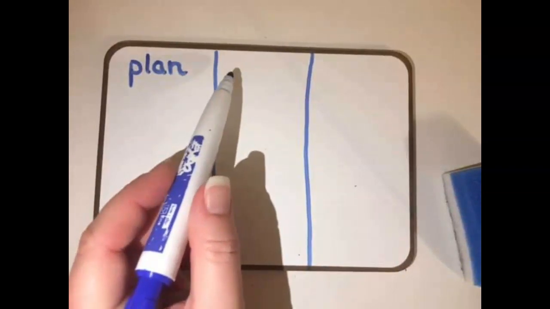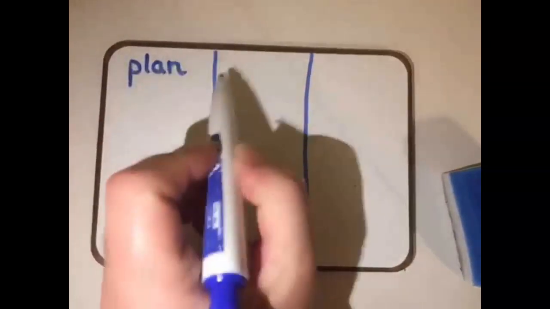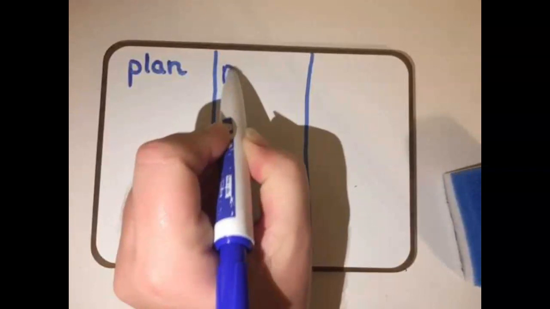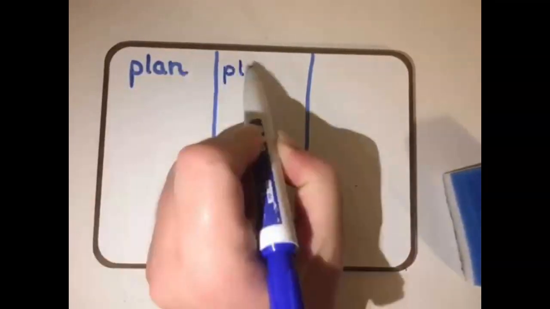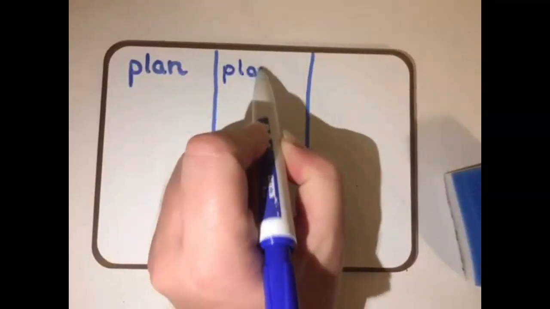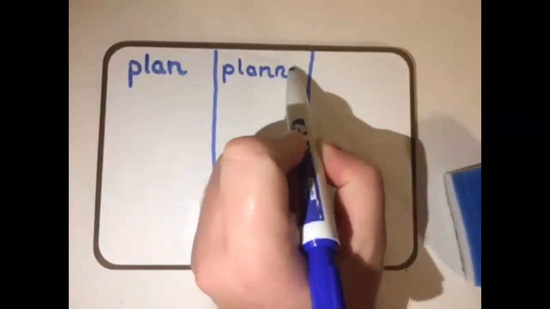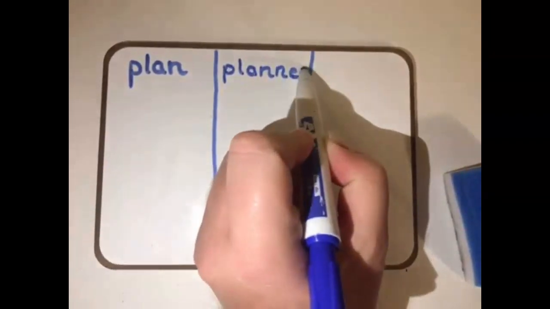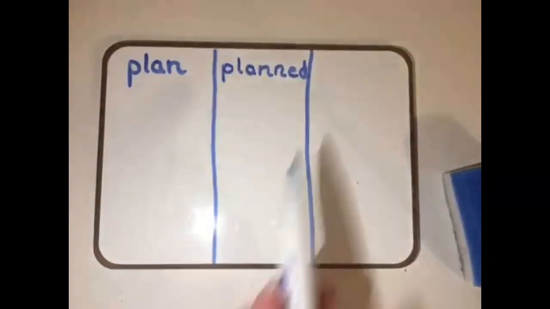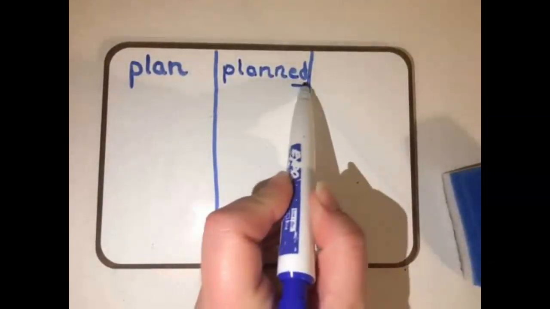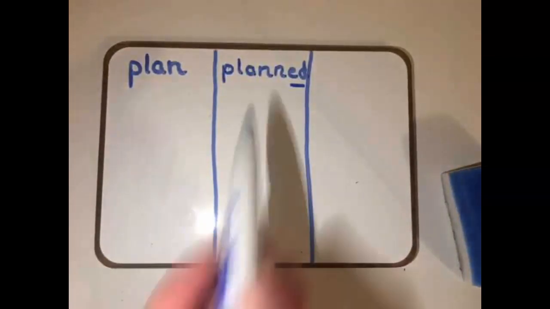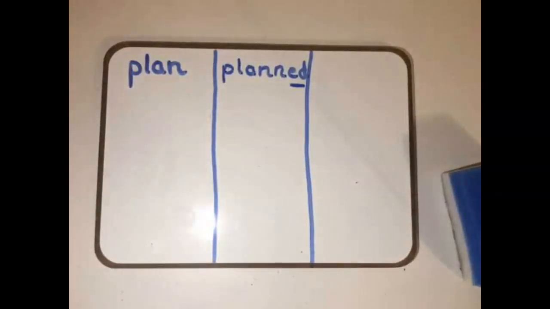And when we do that, we have to start with the word that we wrote here, P-L-A-N, and then we need another N, and then we add E-D. E-D, and let's underline E-D, okay? And you're writing this, so write it in while you're listening.